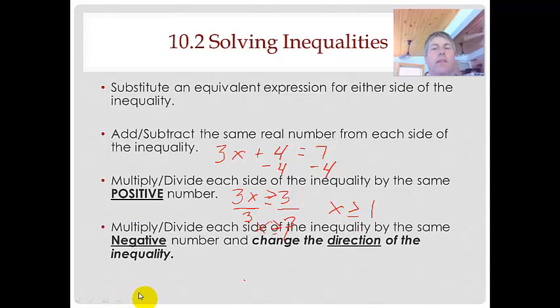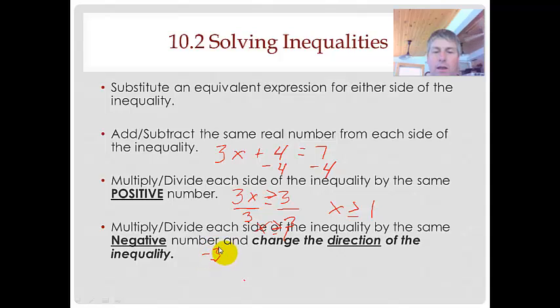However, with an inequality, things are a little bit different. If we multiply or divide by a negative number, we have to change the direction of the inequality. We don't change the sign, we change the direction of the inequality. But that's only for multiplying or dividing by a negative number. So let's use our same example.